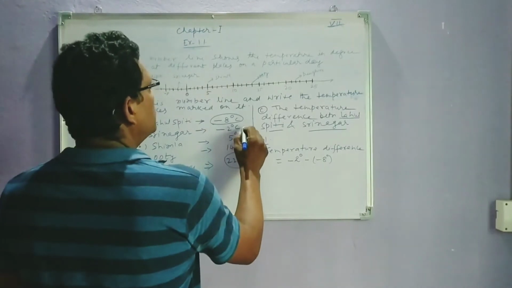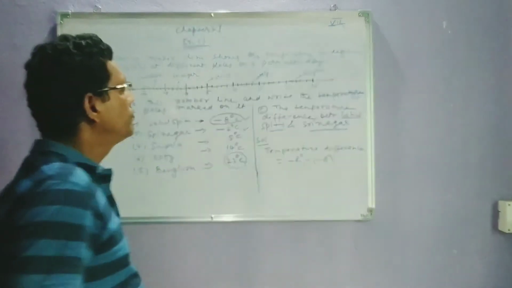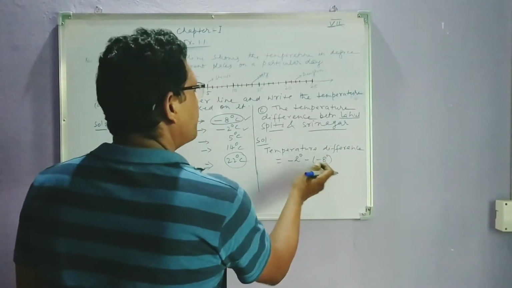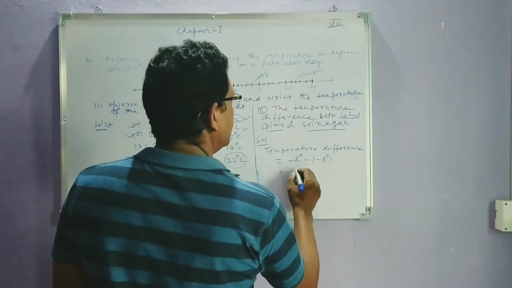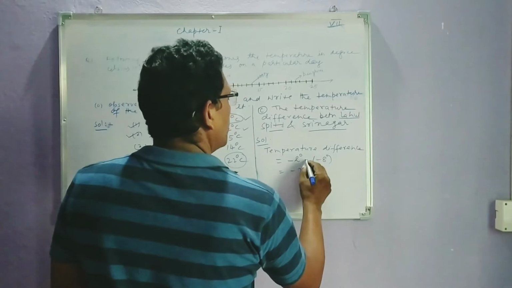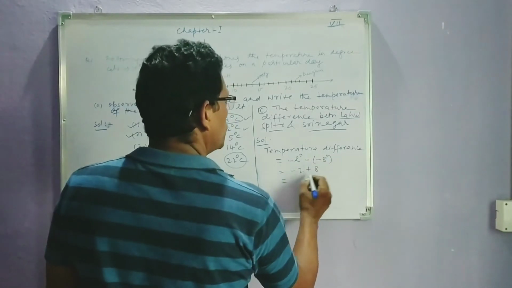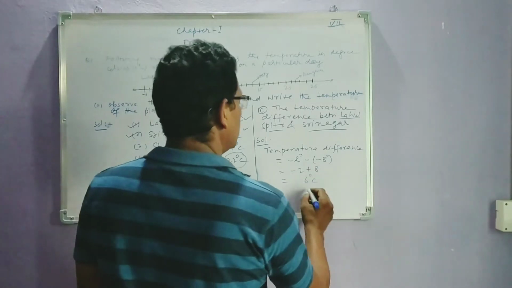Because this is the big number and this is the small number. So we always subtract a small number from a big number. So 2 degrees Celsius, minus into minus plus 8. So 8 minus 2, 6 degrees Celsius.